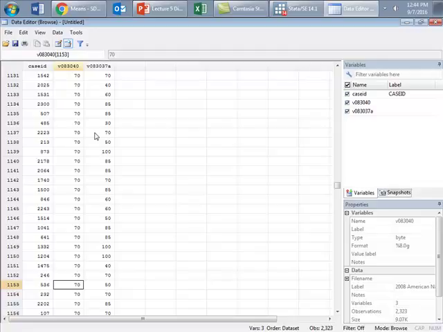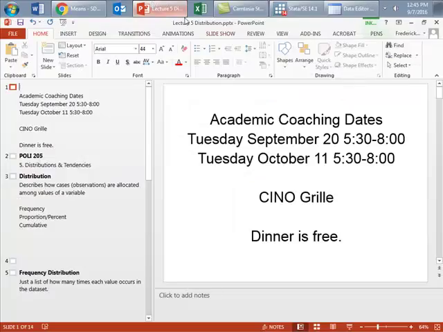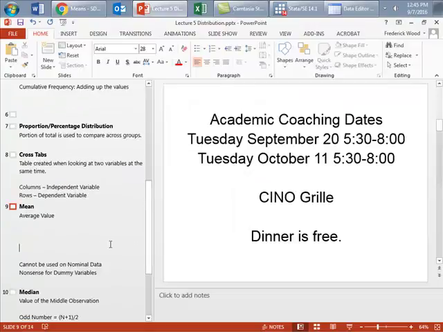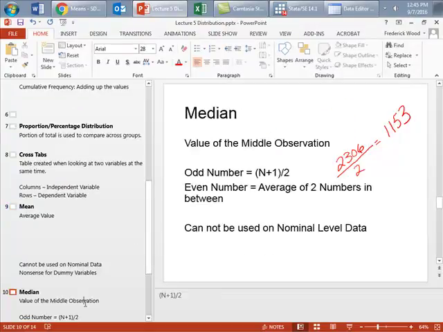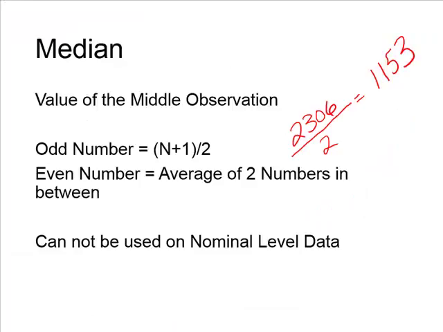I know it's 70. So what does that really mean? That the median value is 70. If we think about the continuum from 0 to 100, where's the middle, the median?